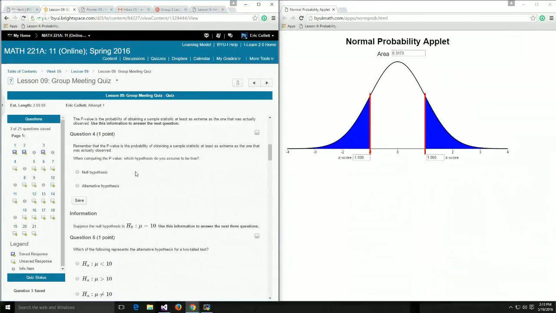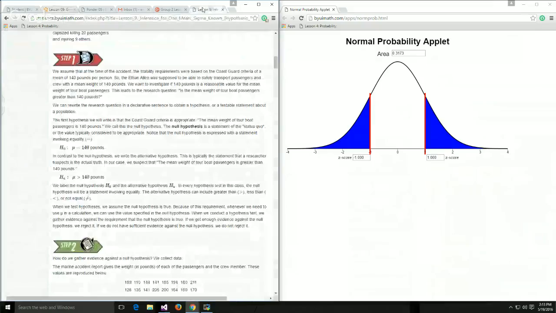Okay, so number 4 is asking, when you're computing the p-value, which hypothesis do you assume to be true? Null again? Yeah, I think so.